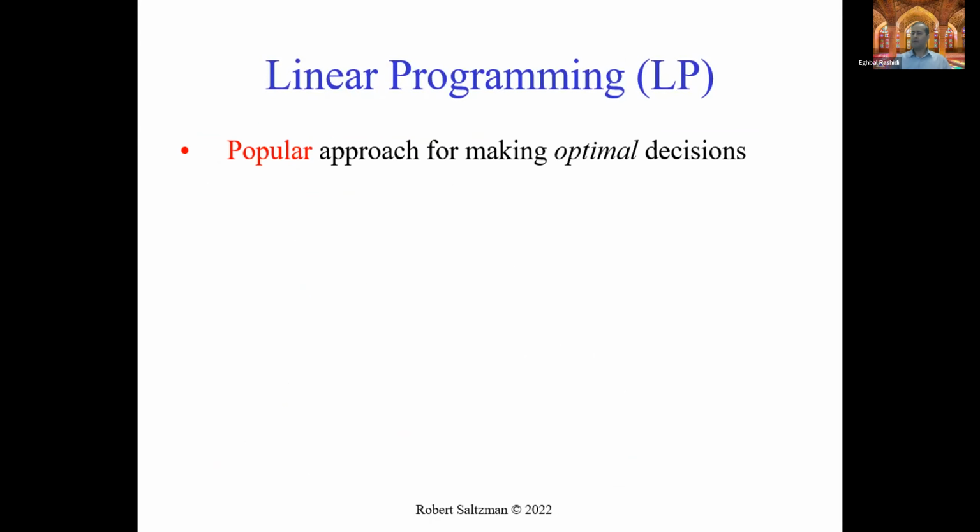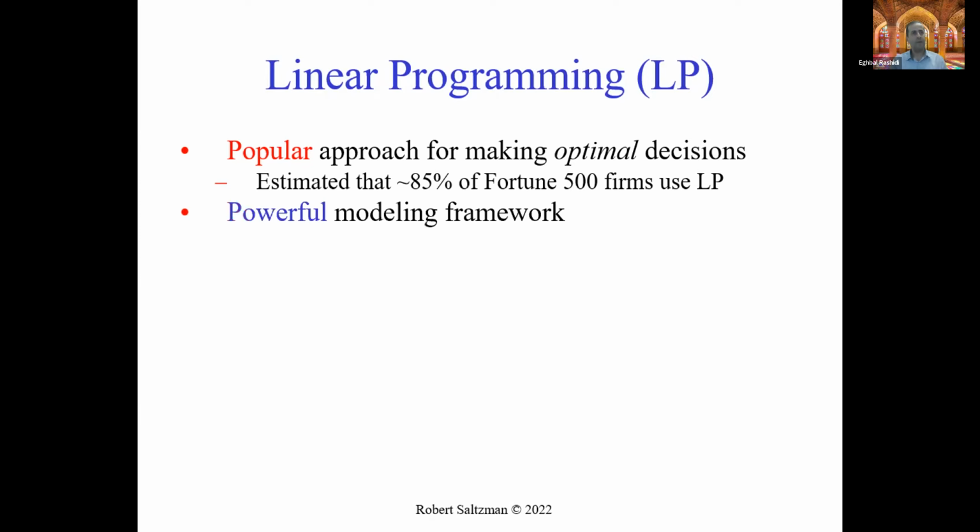Right, so as I said, the linear programming type of optimization model is the most popular type of optimization model. It has been estimated that almost 85% of Fortune 500 companies use LP models. It's a powerful modeling framework with the simplex algorithm and other efficient algorithms.